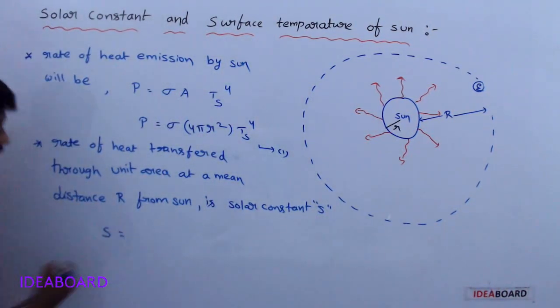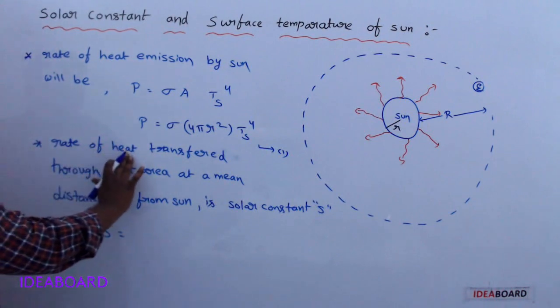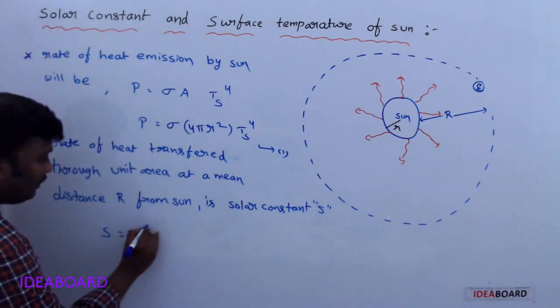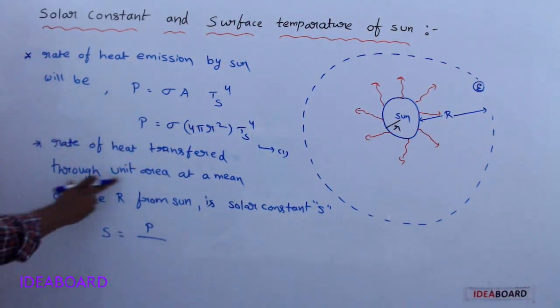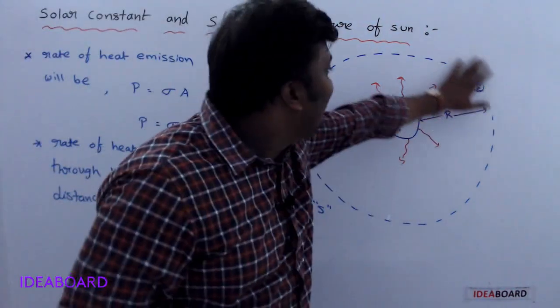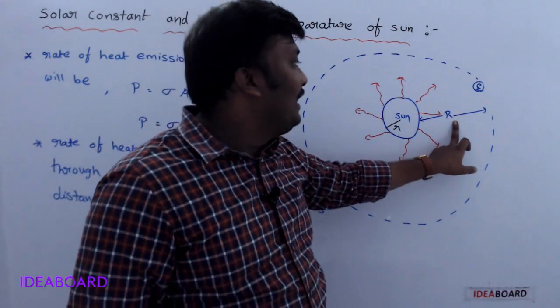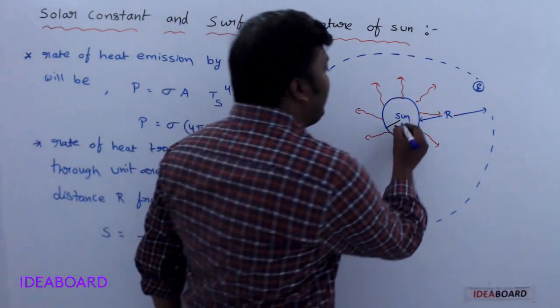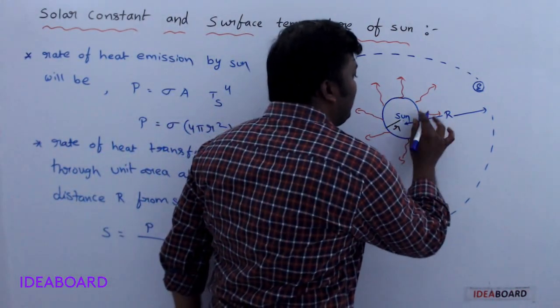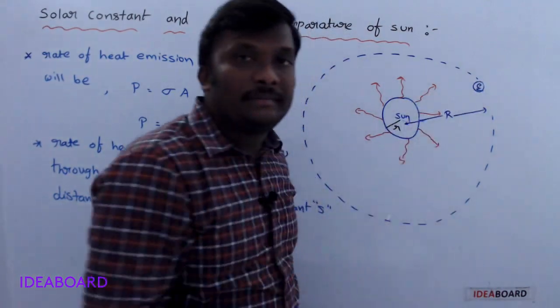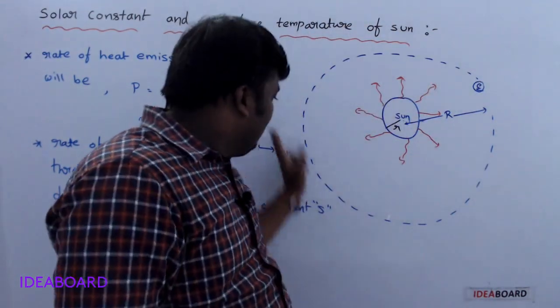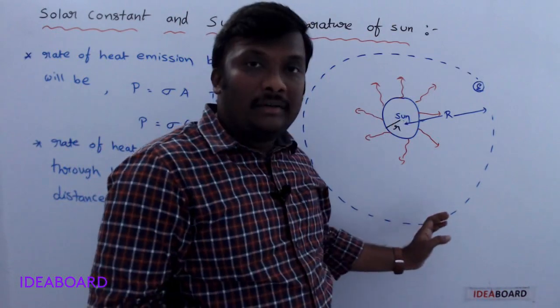So S value is what? S value is the rate of heat transferred, nothing but P by area. Now what is the area? If R is taken as the radius from the center of the sun to the earth, then it is like spherical.